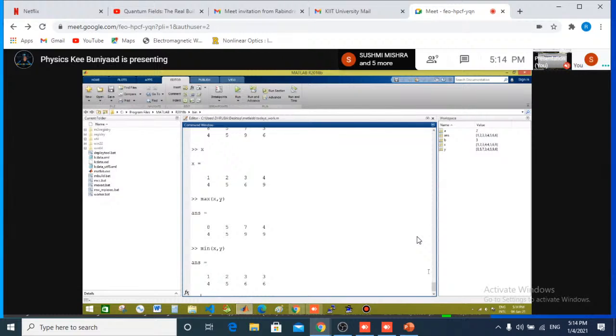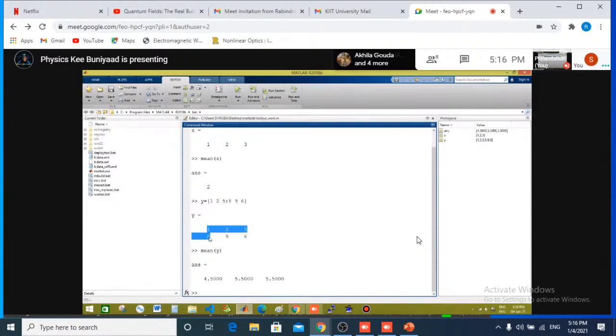So in the first column 1, 8. 1 plus 8 is 9, and as there are 2 elements, it will give the mean of these 2 elements. 8 plus 1, 9 divided by 2 will give you 4.5. Similarly 2 plus 9, it is 11. So when I divide by 2, it will give you 5.5. So mean y means it will return you the mean of every individual column.